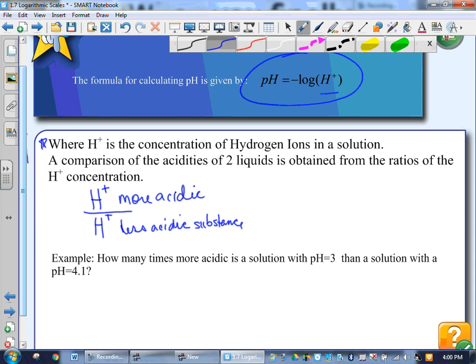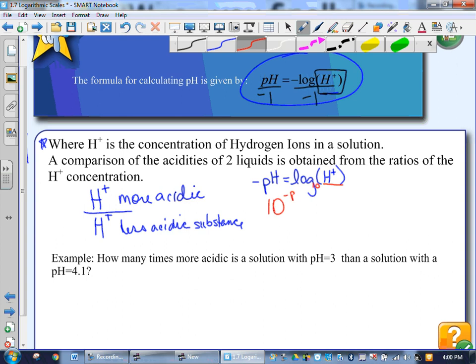So how can I isolate that? Well, the first thing I need to do is get rid of that negative coefficient. So then I have negative pH is equal to the log of H+. To isolate that, I have to write it exponentially, so 10 to the power of the negative pH will equal the concentration of hydrogen ions.